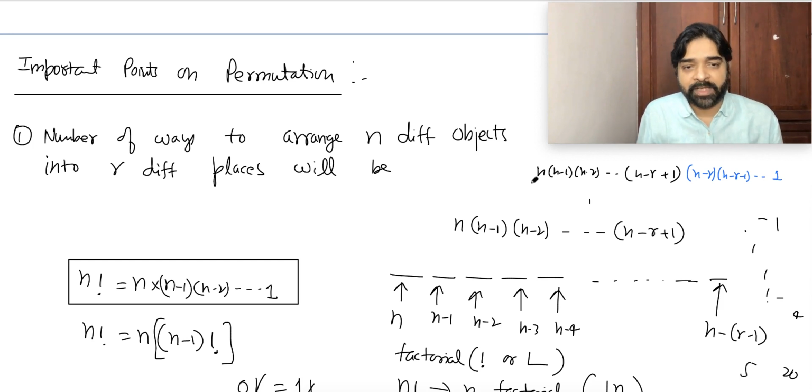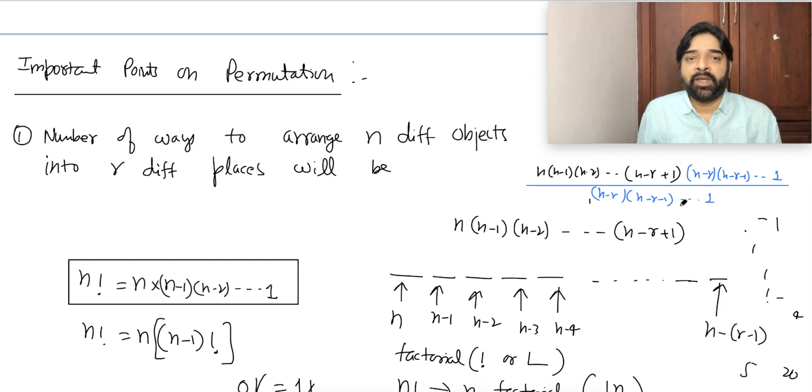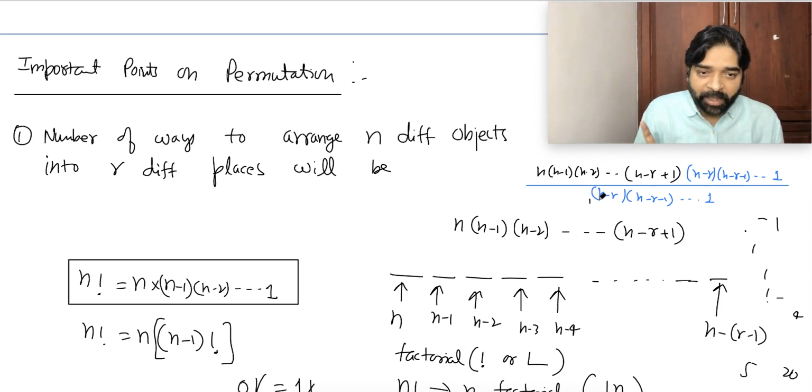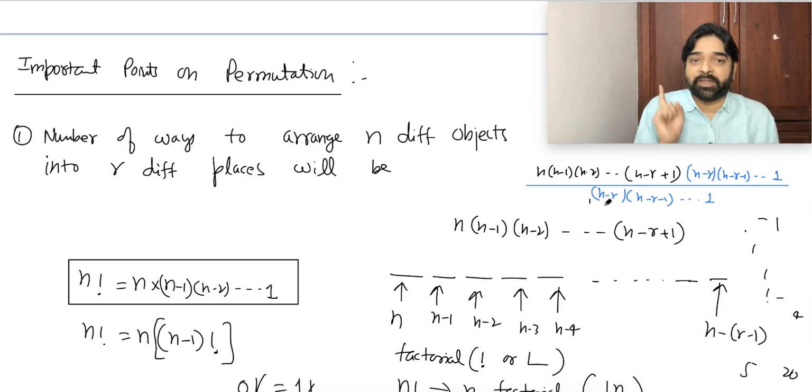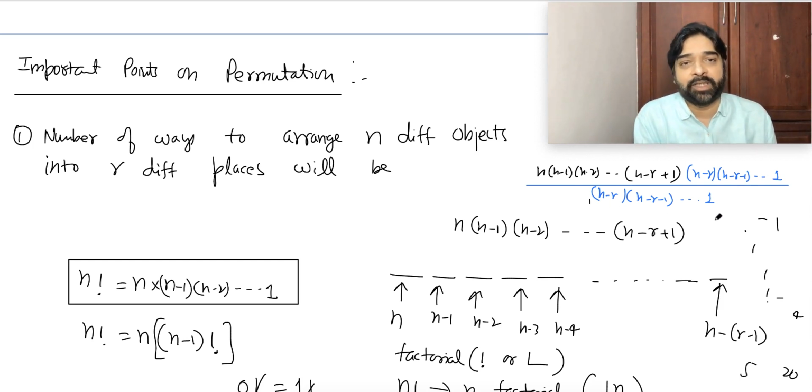The blue color which I wrote, I multiplied separately from my side, so I must divide by it. So I'll get n minus r minus 1, and so on till 1. If you look carefully, the numerator is nothing but n factorial, because it starts from n and goes till 1. The denominator is n minus r factorial, because it starts from n minus r and goes till 1.